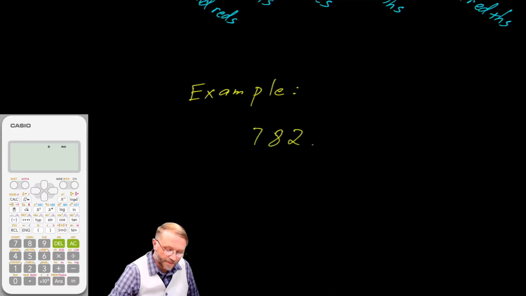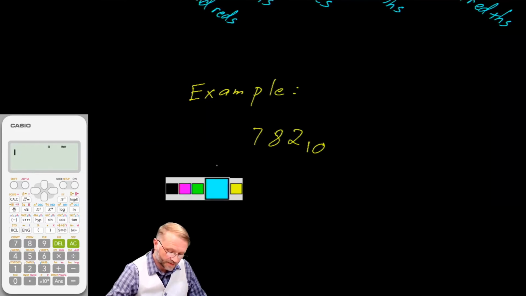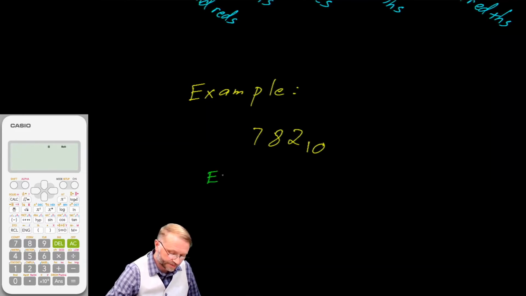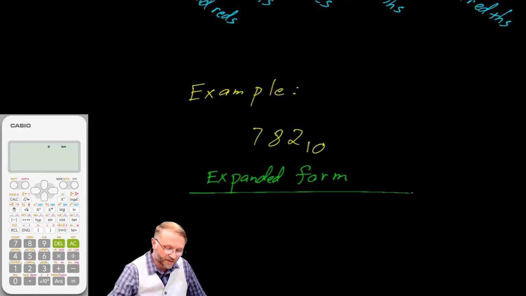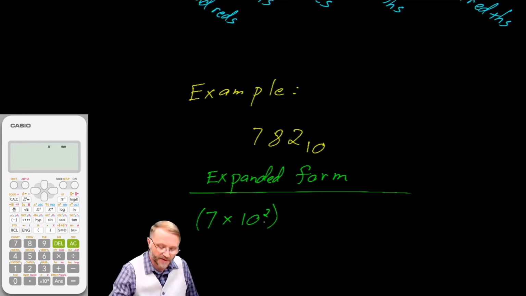782 base 10, we can write this number in expanded form. So first, we see the symbol 7. That symbol has a place value of 10 squared because we're dealing with 7 hundreds.